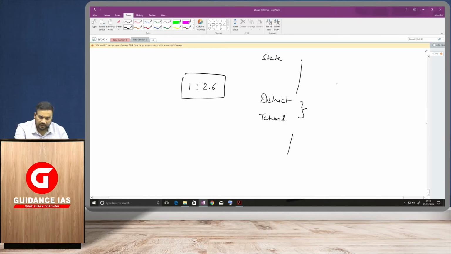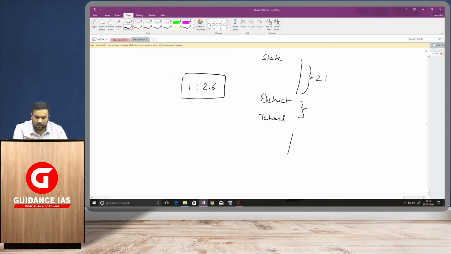Here the value of k should be 7. That means one state should serve 7 districts. But this average in India was found to be around 21. ठीक है? So the values of k are very large.